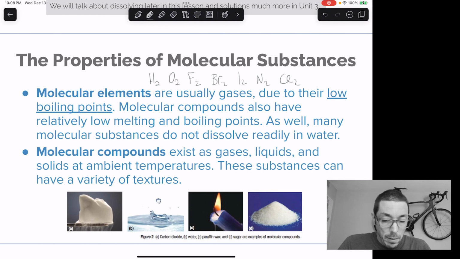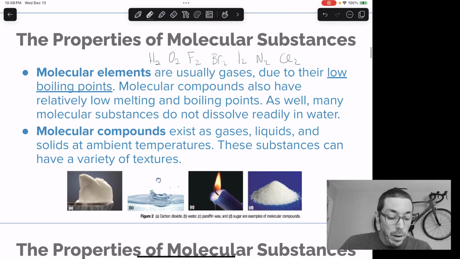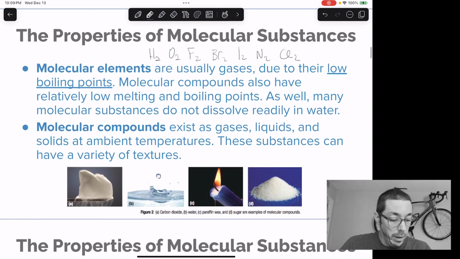So even at really, really cold temperatures, these molecular elements are able to evaporate into gases. So they have low melting and boiling points. They also don't really dissolve very well in water. We will explain why that is coming up.